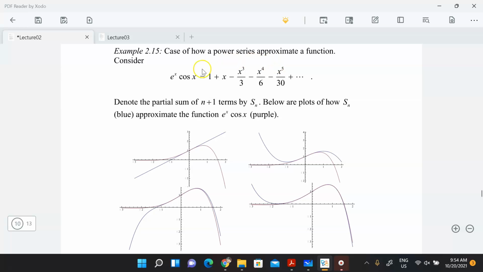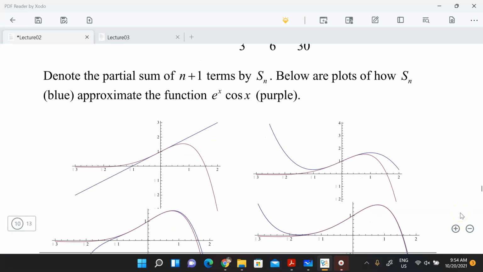So for example, here is the expansion for the exponential of x times cos x, which is given by that. Now you can actually plot this. Can you see the colors?